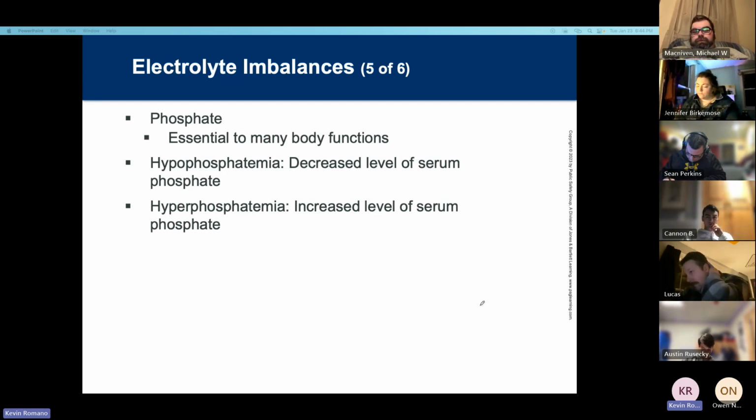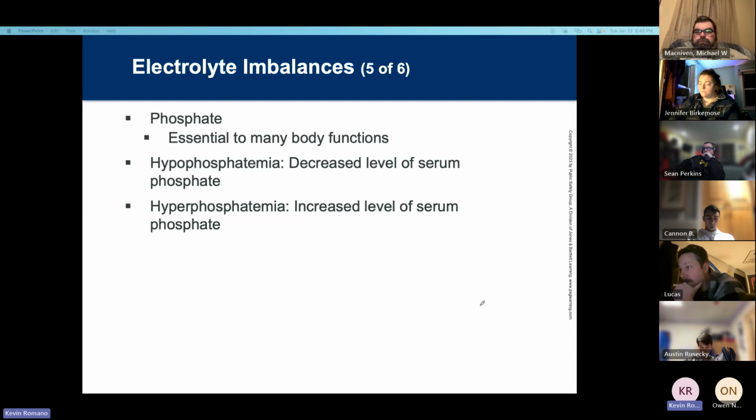So hypophosphatemia is a decreased level of serum phosphate, which causes would include decreased supply or absorption, excessive loss of phosphate associated with the use of diuretics, or in patients with hyperparathyroidism or alcoholism, right? Intracellular shift of phosphorus, electrolyte abnormalities, and abnormal loss of nutrients followed by inadequate replenishment, right?